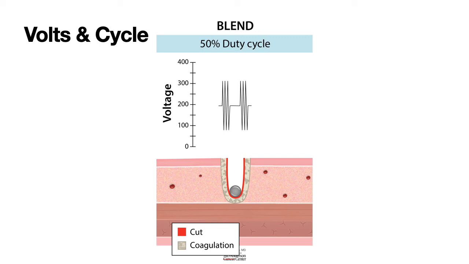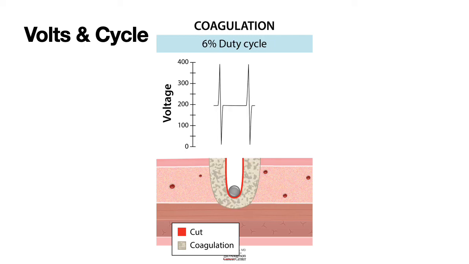If you cut the duty cycle further down to 6%, you will have more coagulation. So we learned about the peak voltage, less than 200 or more than 200, whether it creates coagulation or a cut, and the cycle interruption. Is it 100% cycles, 50% or 6%? That determines the amount of coagulation.